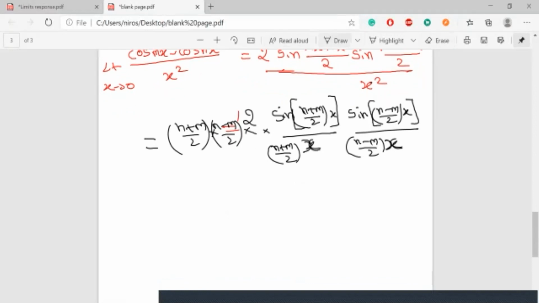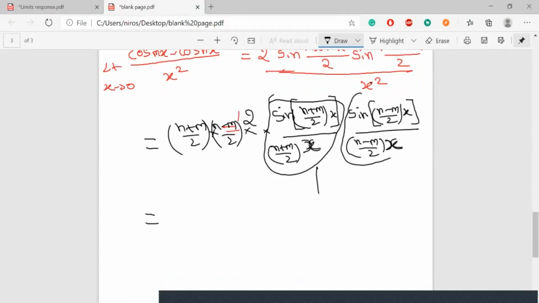Now that's it. This is of the form sine ax by ax, which is 1. This is of the form sine ax by ax, which is 1. So (n square minus m square) by 2 gets cancelled by 2. This one you have to see.